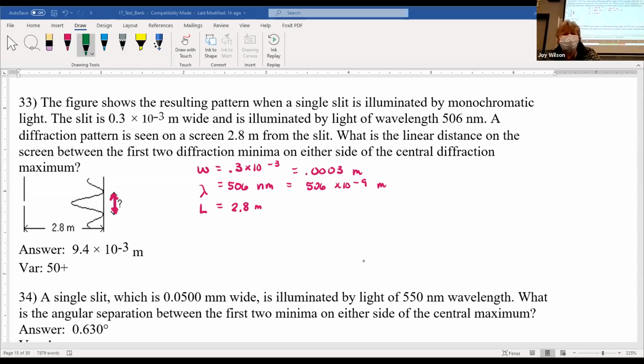I'm going to use the fact that I want this width. So I've got to go y up and I've got to go y down. So y is going to be L times theta. So that's L times lambda over W. And then at the end, I'm going to multiply it by 2 because it's twice as wide. So this piece I know. The wavelength I know.